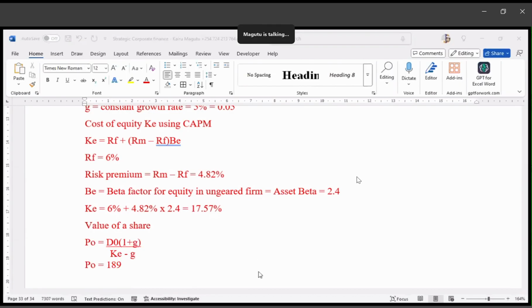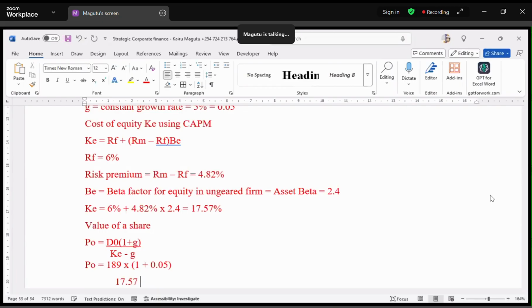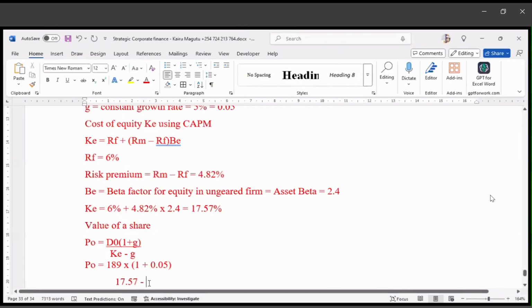I think it was 189 if I'm correct. 189 for the year just ended, multiplied by, open a bracket, 1 plus g 0.05, divided by the cost of equity, 17.57, minus 5. Minus 5.